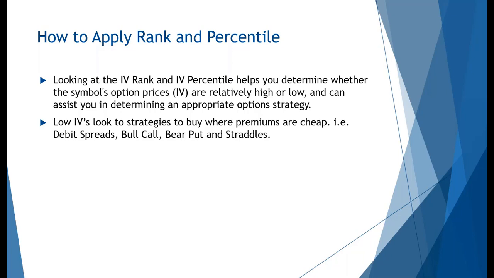Or maybe a little bit more advanced, something called a debit spread. We have done sessions in the past on debit spreads like bull calls and bear puts, and I would refer to those sessions to get more details about how to trade those.